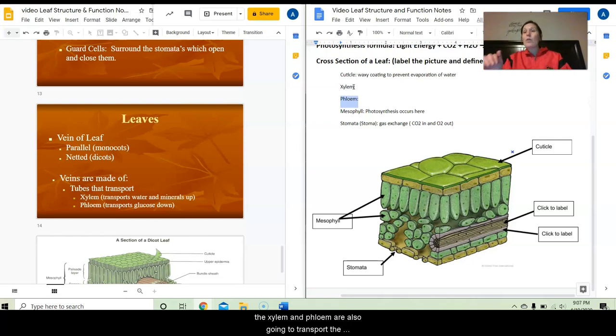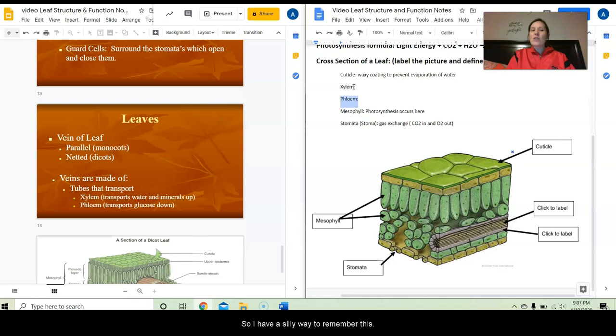The xylem and phloem are also going to transport the important stuff from the roots up to the leaf, like water. And then when your leaf makes glucose through photosynthesis, it's going to transport that glucose back down to the roots, because the roots are underground. They can't do photosynthesis, so they're starving down there. So the leaf is going to feed them and send them food. So that's what those tubes are.